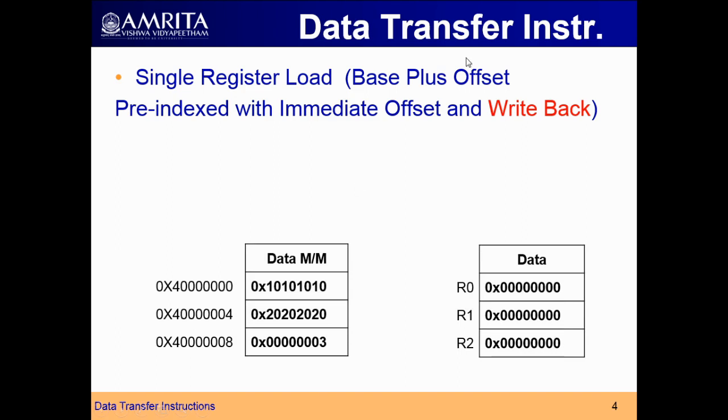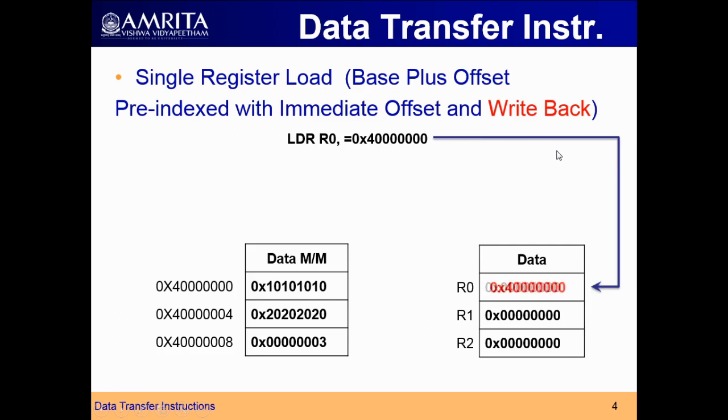Similarly, we are seeing the data memory and the content of registers that we have seen before. You are writing the first instruction LDR R0, =4000. What does it mean? This constant address you are moving to R0. So R0 has that address. R0 is acting as a pointer which is pointing to this address.